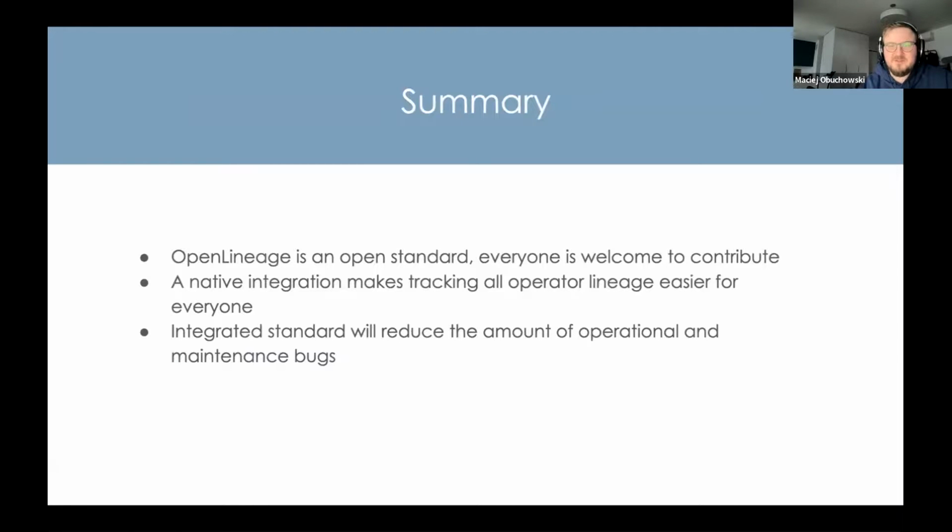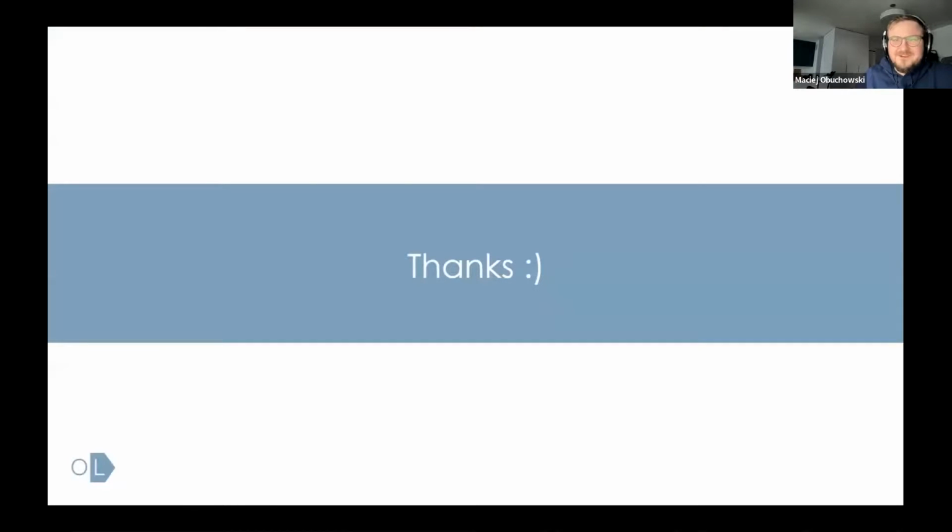It will reduce the amount of operational maintenance bugs related to Lineage and also other operator bugs and user bugs, because the Lineage information can help with that as it's runtime Lineage. So that's all from my side, and yeah, we would like to have questions.